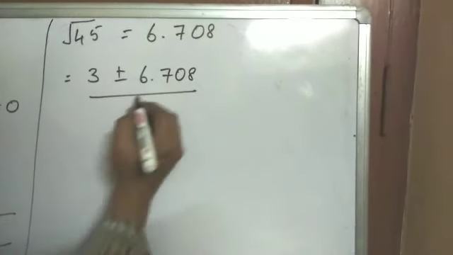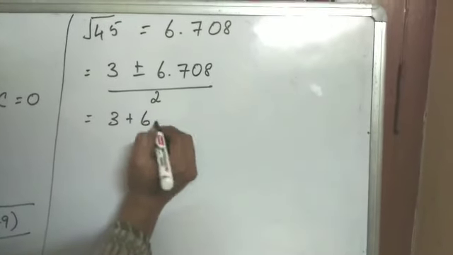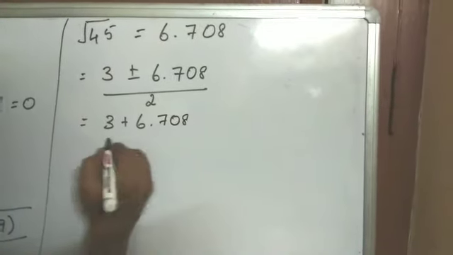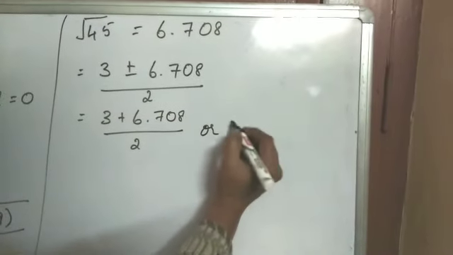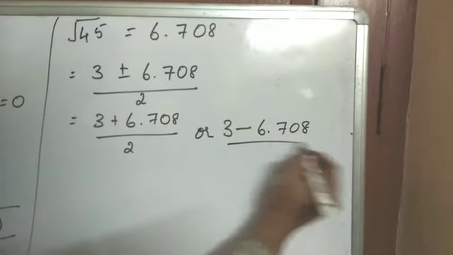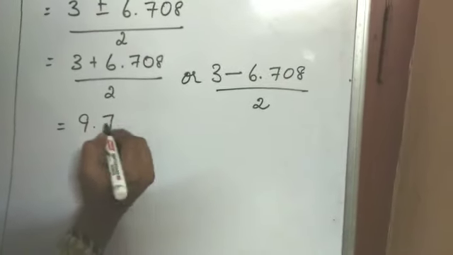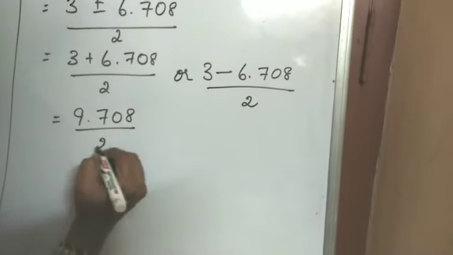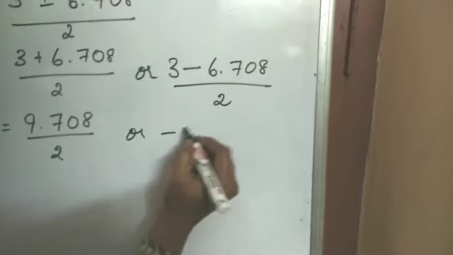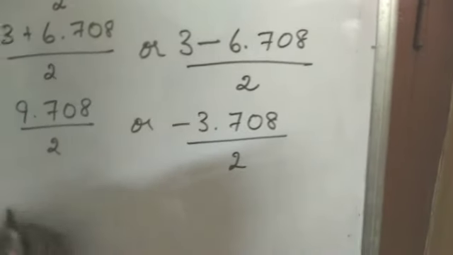Put the values. So you will get 3 plus or minus 6.708 upon 2. 3 plus 6.708 upon 2 or 3 minus 6.708 upon 2. Then 9.708 upon 2 or minus 3.708 upon 2.